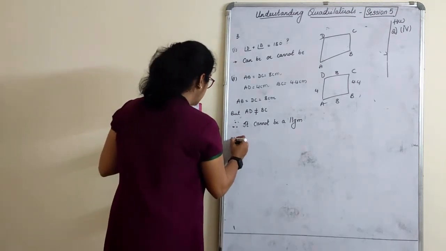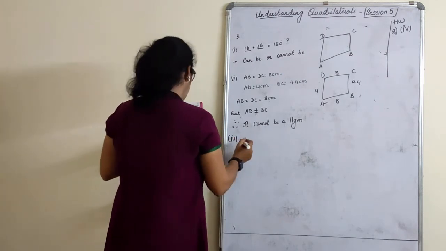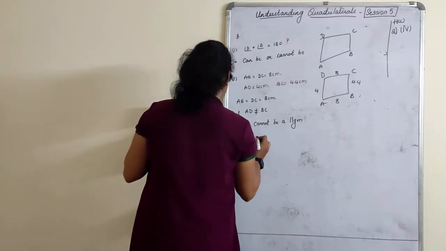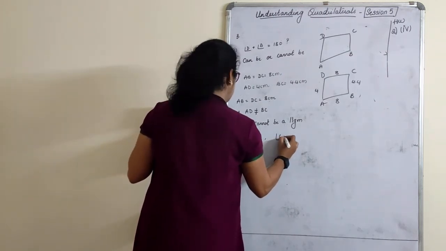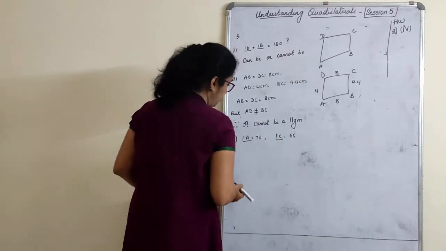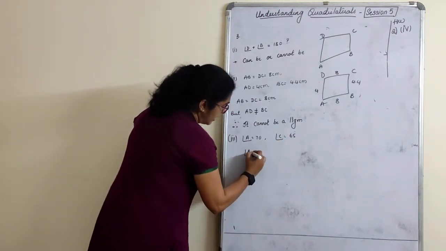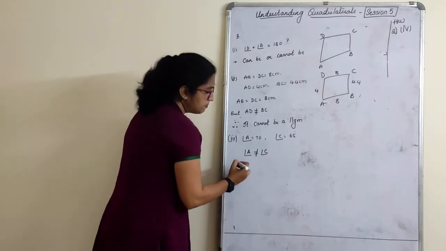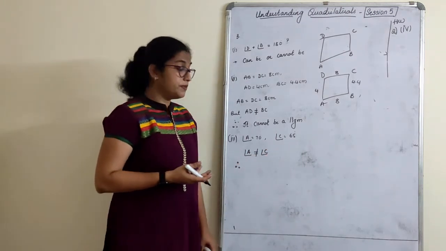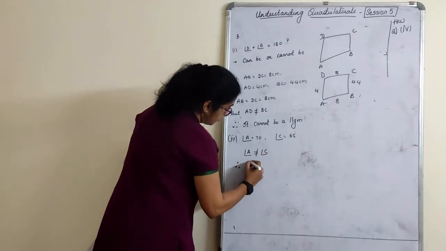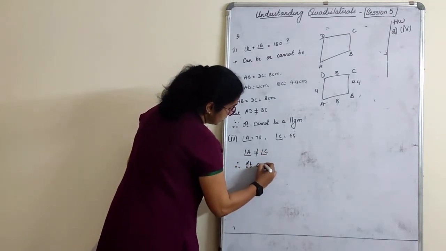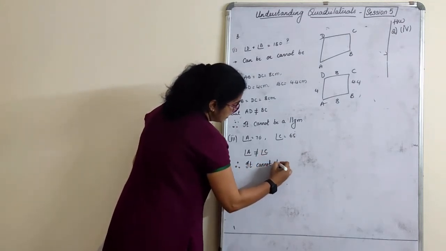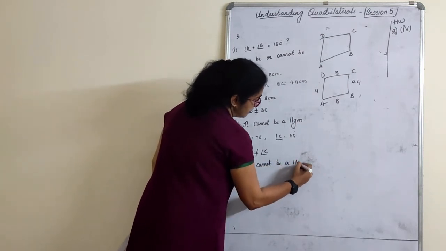Third and the last condition given, angle A is equal to 70 and angle C is equal to 65. You need not draw, directly you can say. Angle A is not equal to angle C. In parallelogram, opposite angles have to be equal. Therefore, it cannot be a parallelogram.